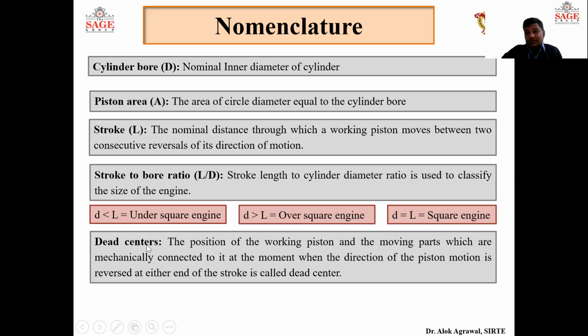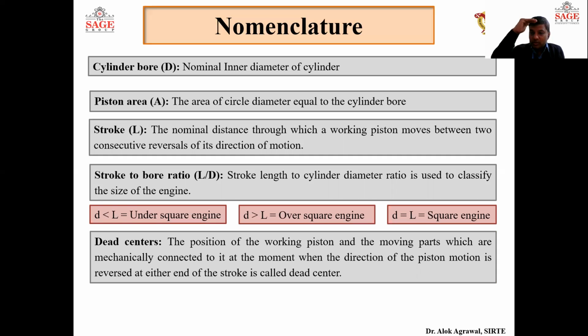Next is dead center. Dead center is the position of the working piston, and of the moving parts mechanically connected to its movement, when the direction of piston motion is reversed. See, the piston is moving to the top and coming down. The farthest distance the piston can move, we call a dead center.